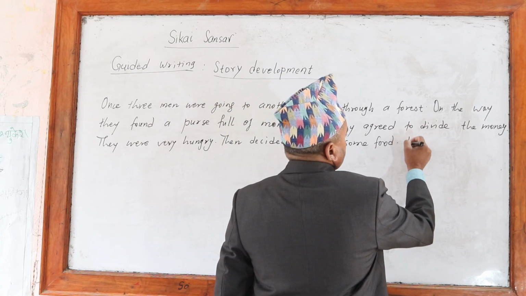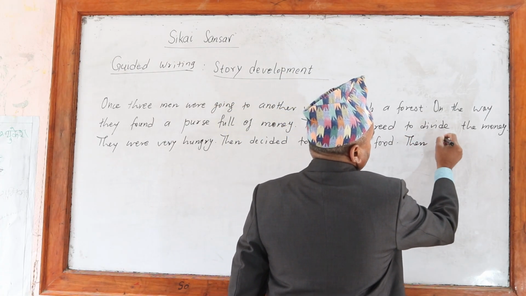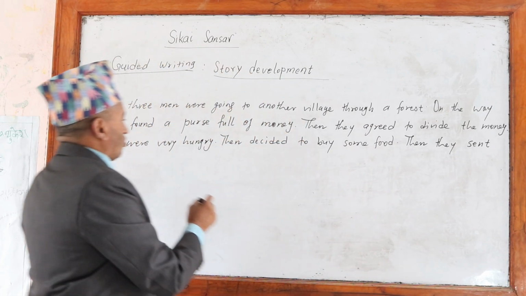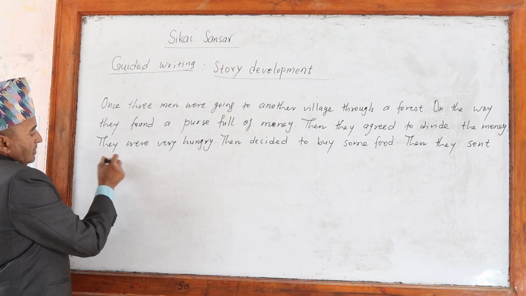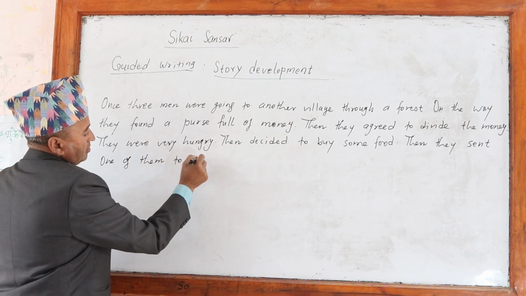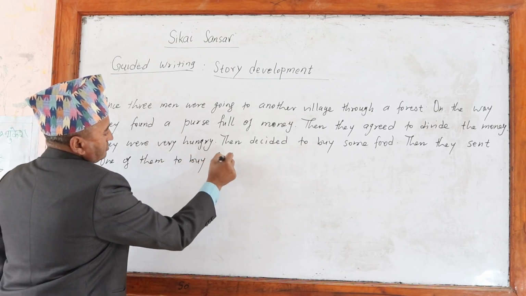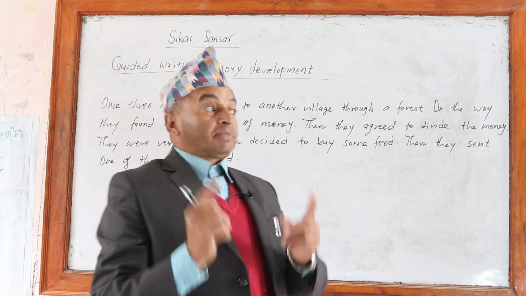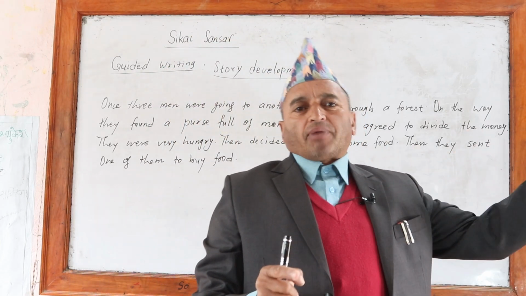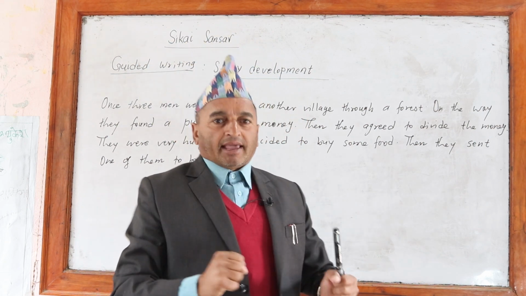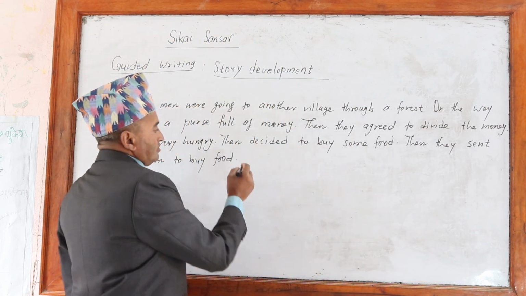Then they sent one of them to buy food. Look here, there were only three, and out of them one was sent to buy the food, and two remained there. And the two men again made a plan.